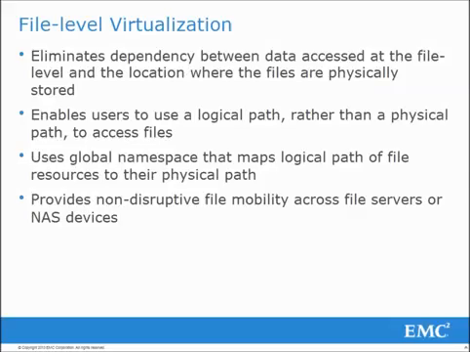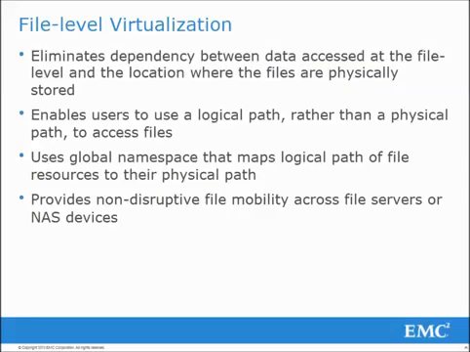File-level virtualization eliminates the dependencies between the data accessed at the file level and the location where the files are physically stored. It creates a logical pool of storage, enabling users to use a logical path rather than a physical path to access the files. A global namespace is used to map the logical path of a file to the physical path names.